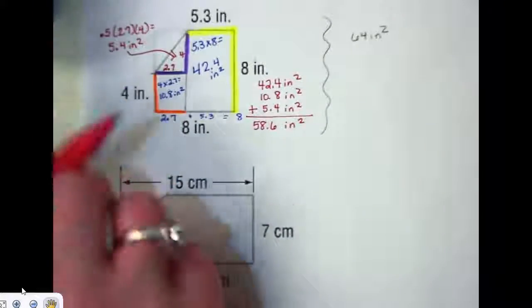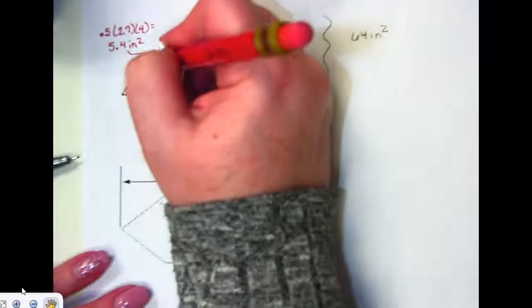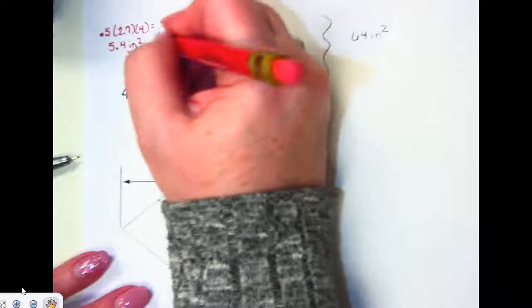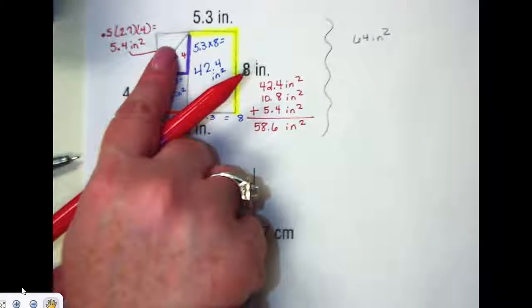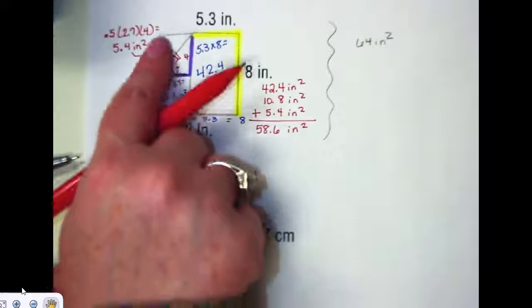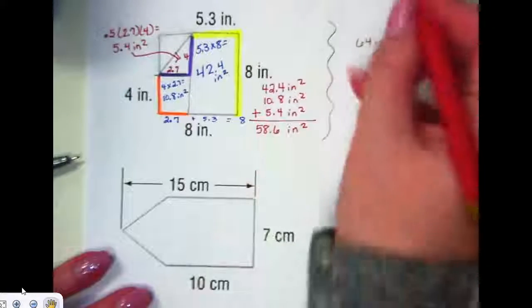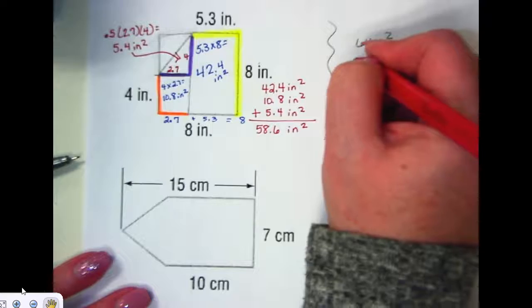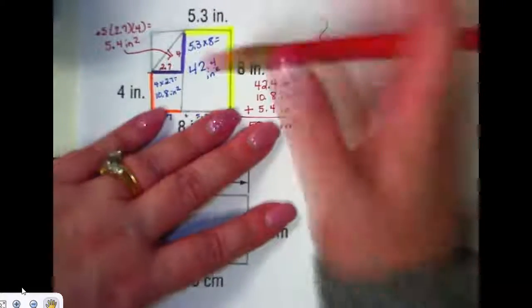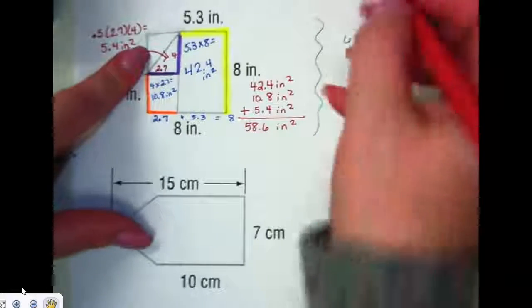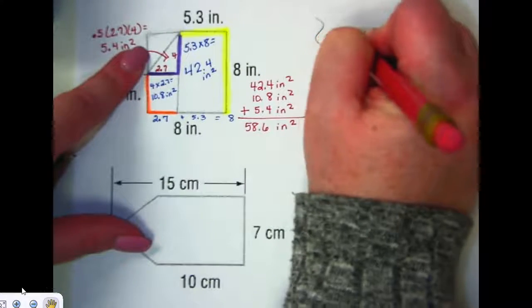Okay, now if I'm going to put this triangle back on, it's the same as that triangle, right? Because we learned in our experiment that's half. So let's subtract 5.4. Let's take this other half of the triangle off, minus 5.4.